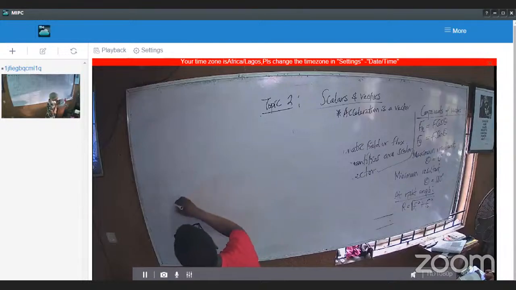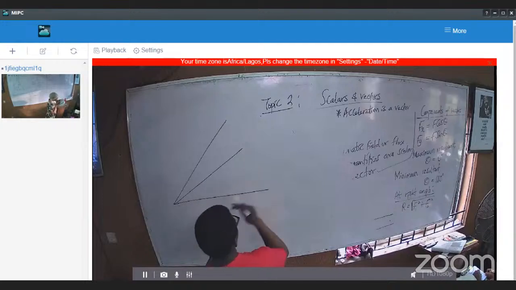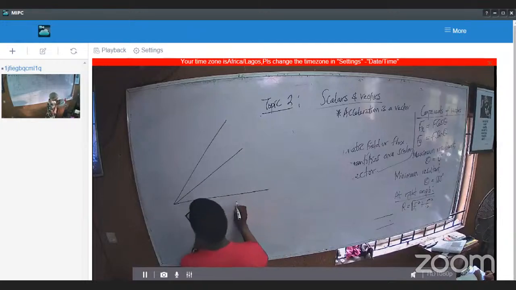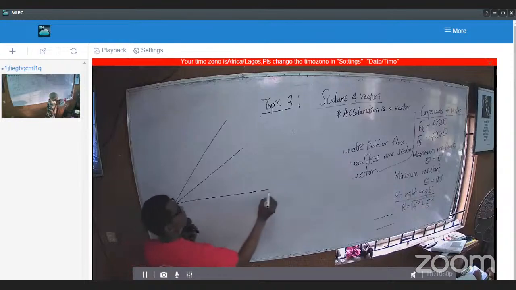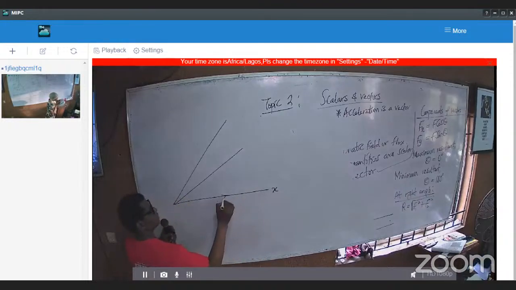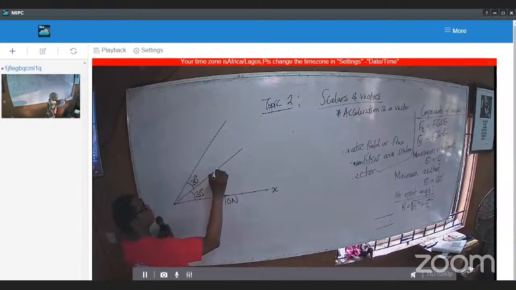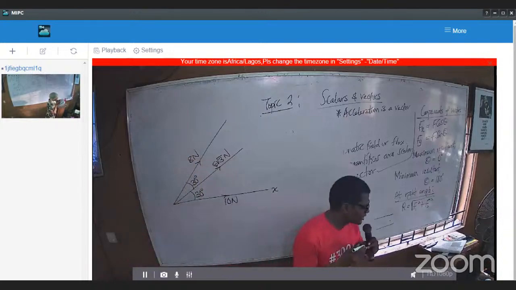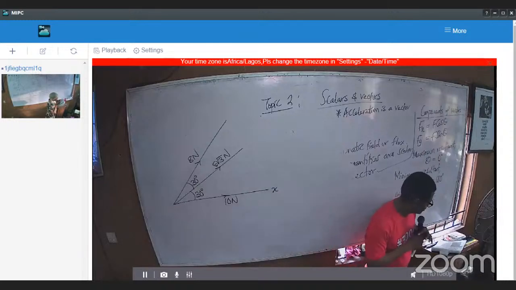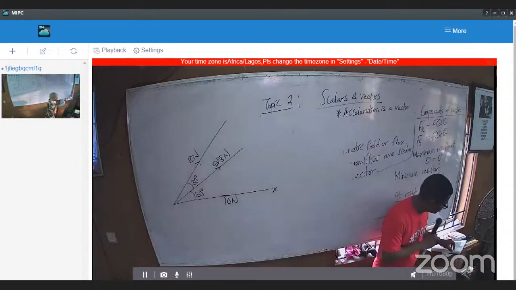The forces are 10 Newton, 6√3 Newton at 30 degrees, and 8 Newton at 30 degrees. Draw it.